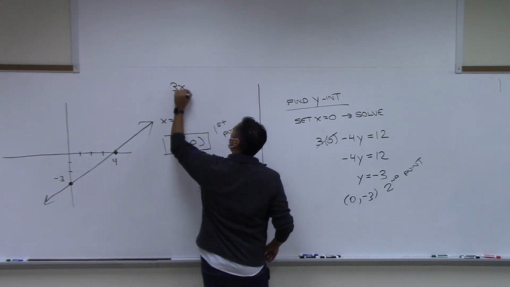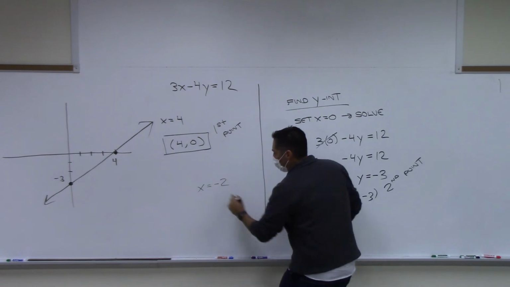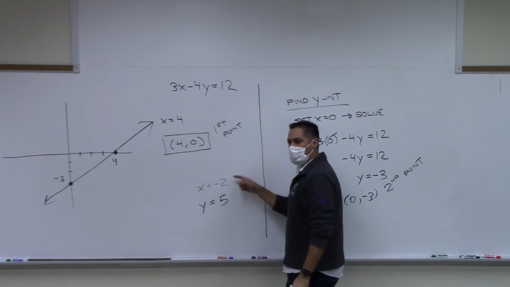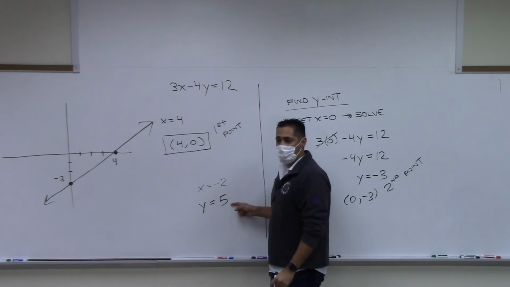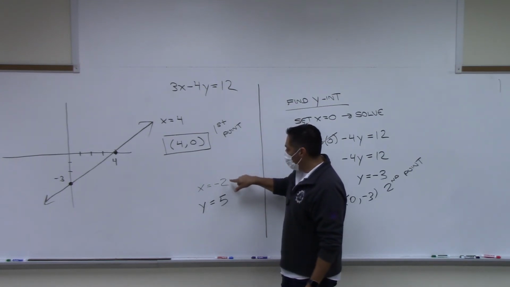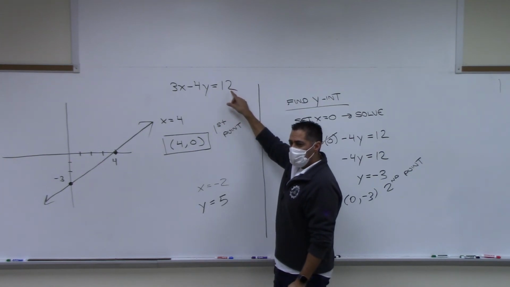It was 3x minus 4y equals 12, right? If I ask you, Garrett, x equals -2, y equals 5, can you tell me quickly whether or not that's an answer? Yes. You can tell me? Well, I can't tell you the answer, but it is one. So you think that if I plug this in here, it's going to be true? Maybe not.